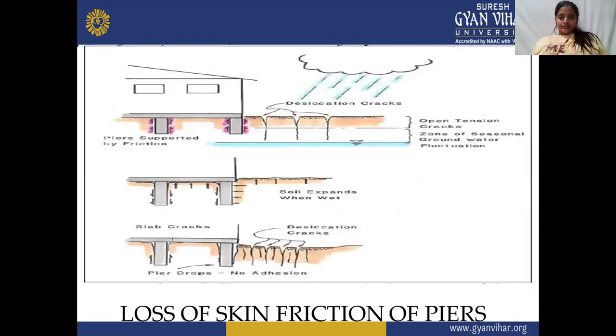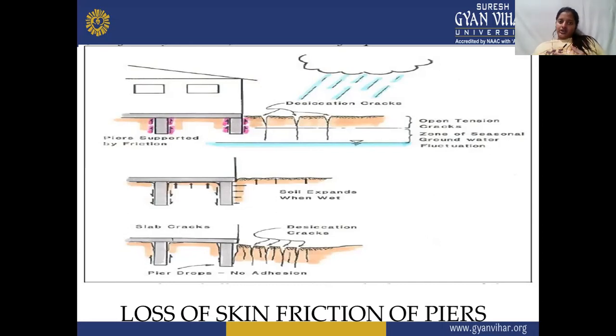So usually you can see that with rain, the piers are supported by friction. You can see the foundation of the building is embedded in the soil, and it is supported by the friction force.